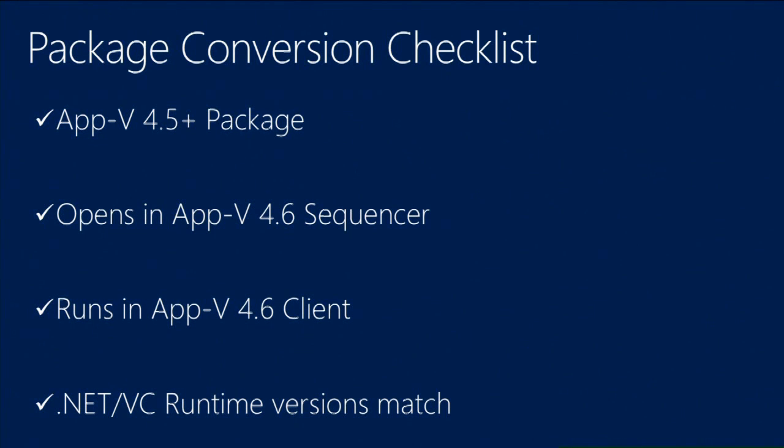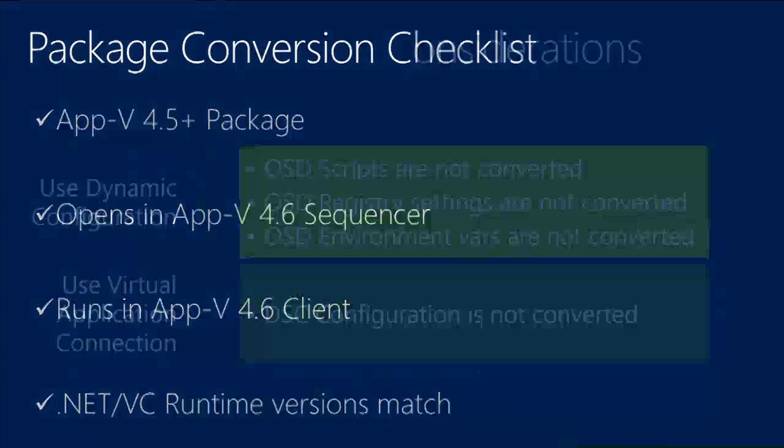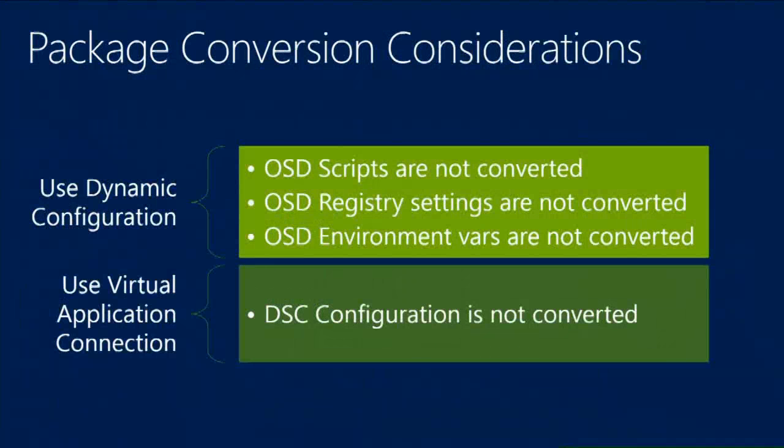So if you've got 16-bit applications, you cannot run those in 5.0. If you require those, you can coexist and continue to run them in 4.6, but you won't be able to convert them. The other thing, these are some of the considerations you need to think about if you're doing conversion.